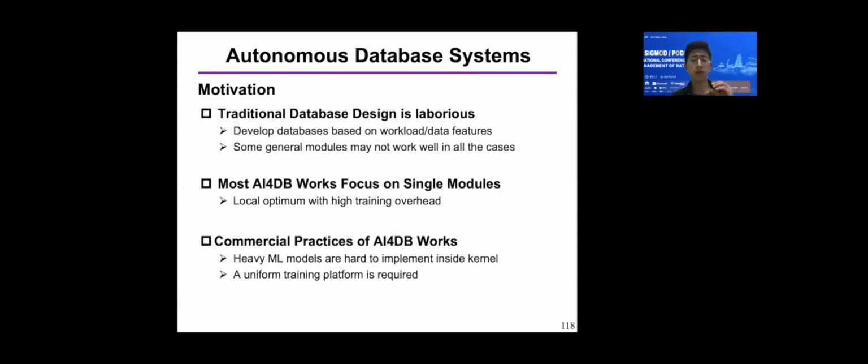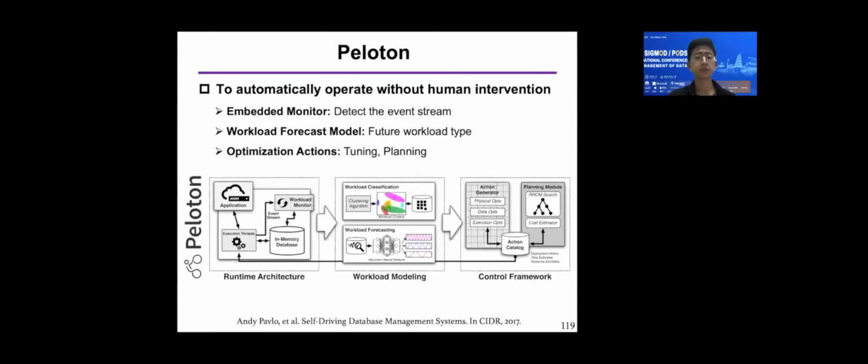And most AI4DB works only focus on single modules, which can cause local optimum. Besides, there are some commercial practices of AI4DB works, and we can find that the heavy machine learning models are hard to implement inside the database kernels, and a unified platform is required.